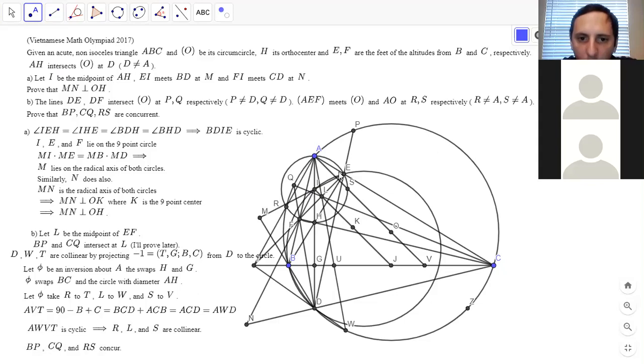yeah, is similar to FHD. LEC is similar to FHD, and that's probably just an angle chase, right? Yes. So we got FH over HD is equal to LE over EC. Yeah, if you write it, it will be easier to look. Okay, so FH over HD is LE over EC.